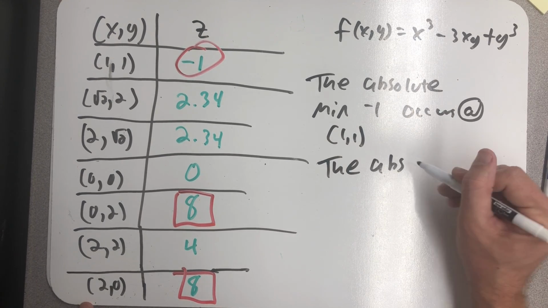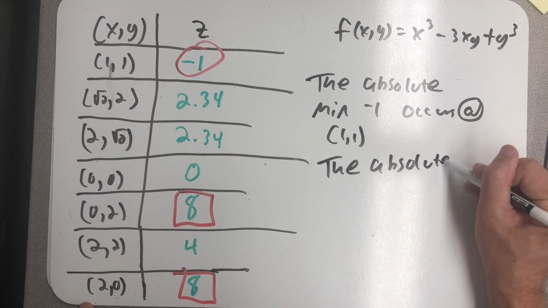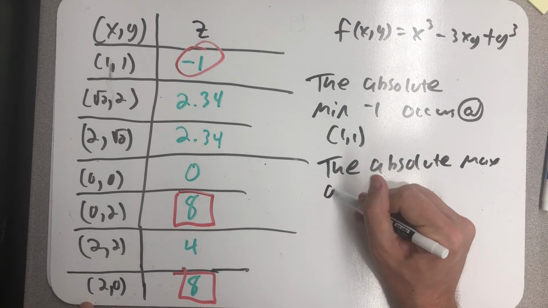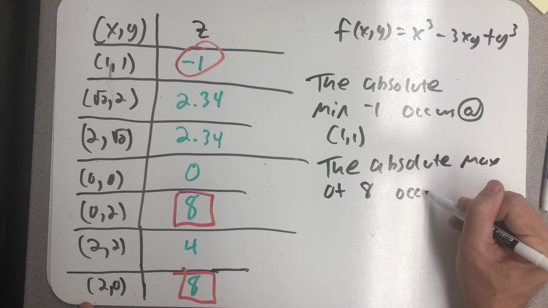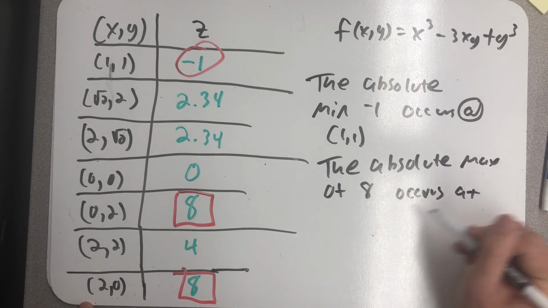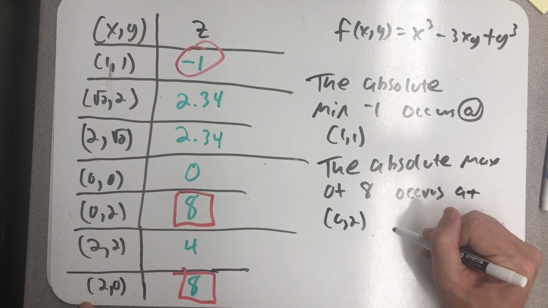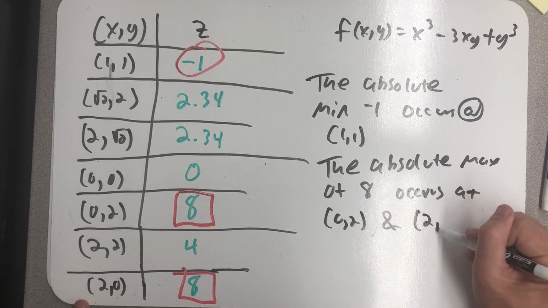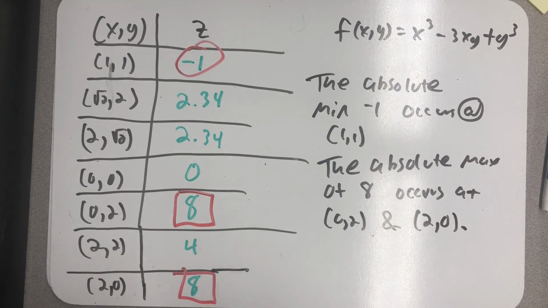The absolute max of 8 occurs at 0, 2, and 2, 0. And now we have found our absolute extreme values over that closed region in the domain.